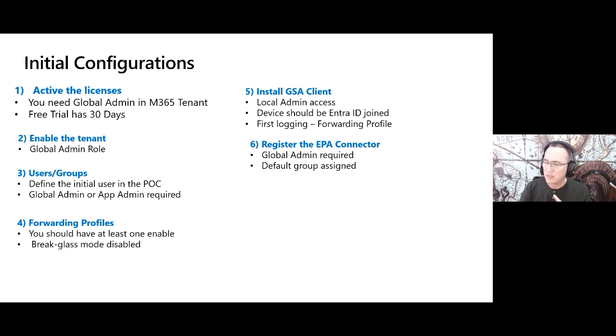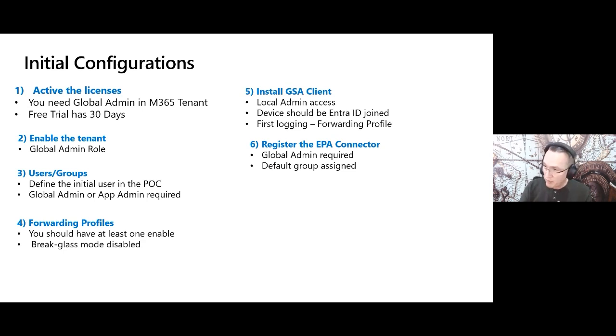As part of this process, one of the steps prompts you for credentials. Those credentials have to be from a user that is a global admin. If you don't have the global admin, you are going to fail. For that reason, the global administrator from the tenant has to be present two times: when you enable the tenant and when you register the connector.